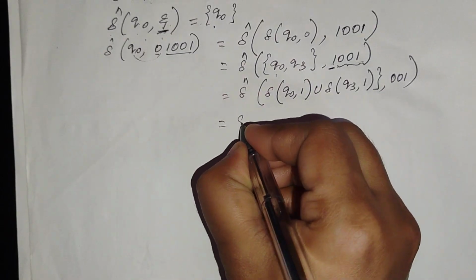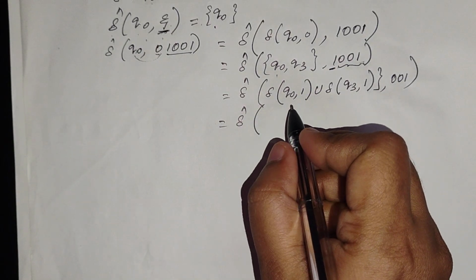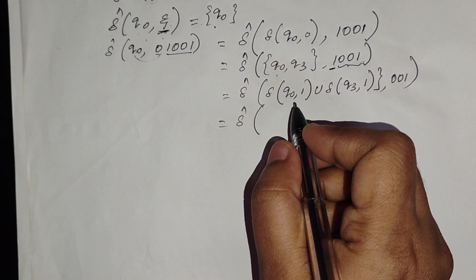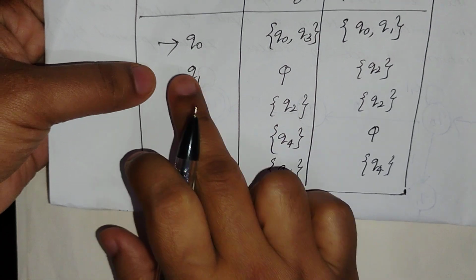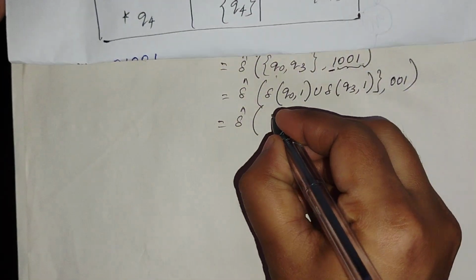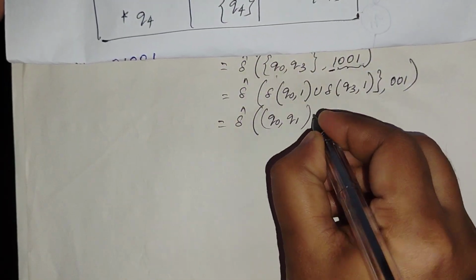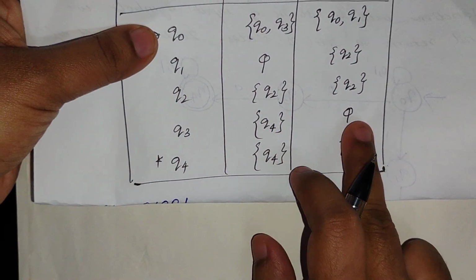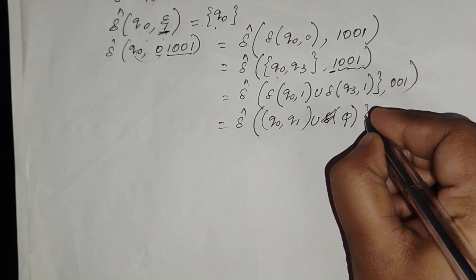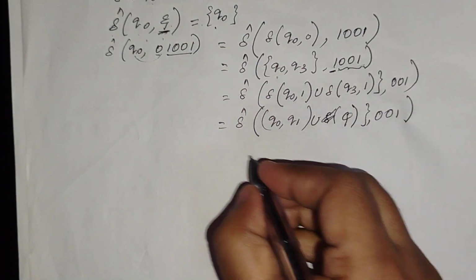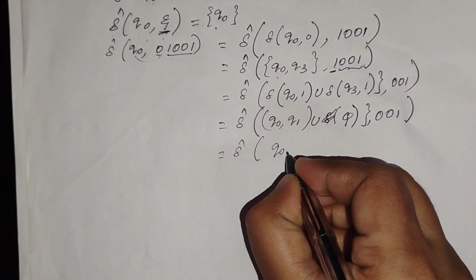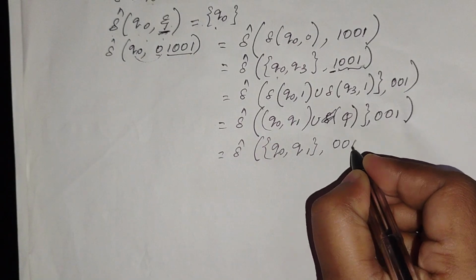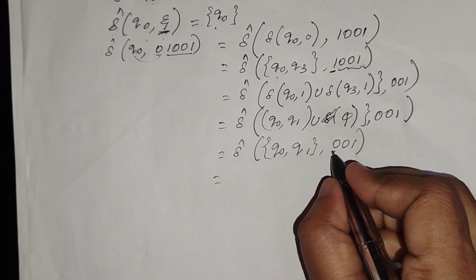Then we see the transition of Q0 with the input symbol in the transition table. δ(Q0, 1) is {Q0, Q1}, union δ(Q3, 1) is empty. So we combine to get {Q0, Q1}, with remaining 001.